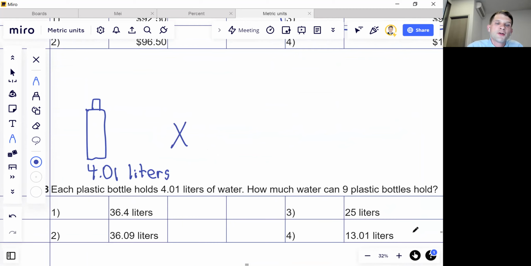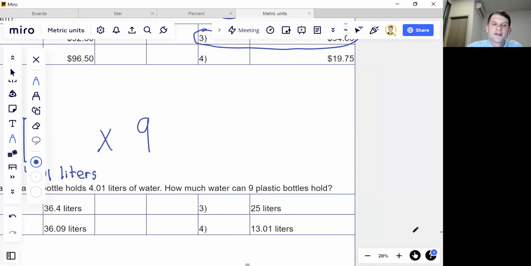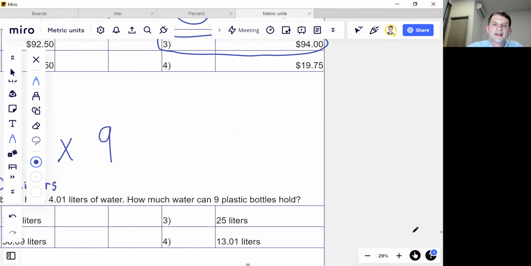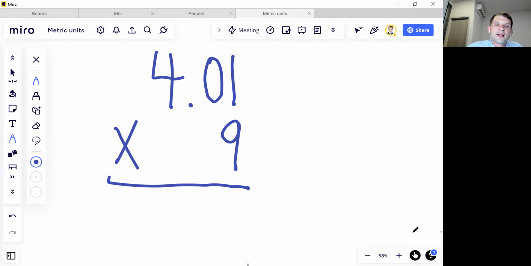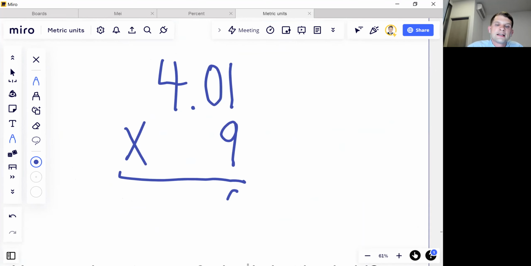So I know I need to multiply here by 9 bottles since I have 9 plastic bottles. So really all I need to do here is take 4.01 liters per bottle times 9 bottles and work that out here. And that's going to be 9, 0, and 36.